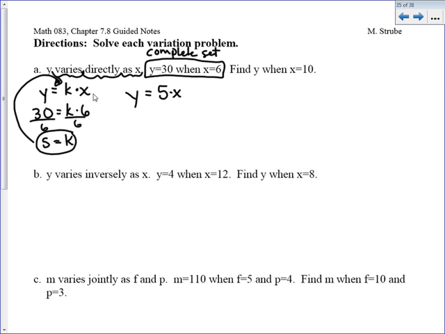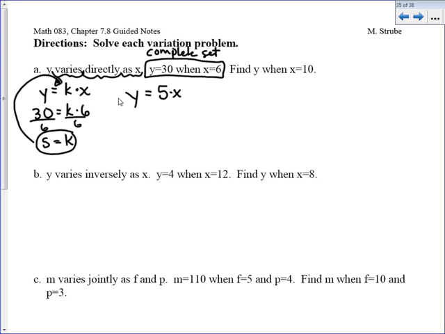So y and x are variables, meaning they can change however many times I want them to, but k is a constant. K is never changing within this one problem. K will always be 5. So we write our equation, just go word by word. We solve for k. K is a constant, doesn't change, and now we can answer the question.